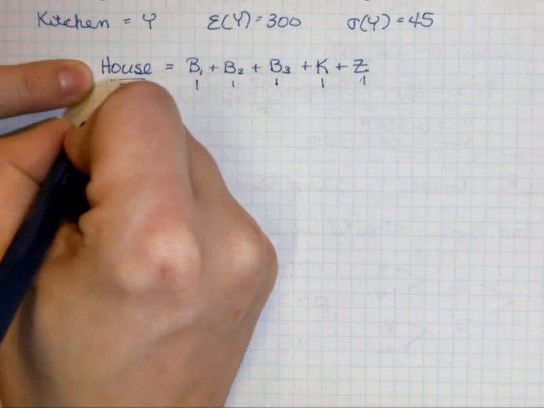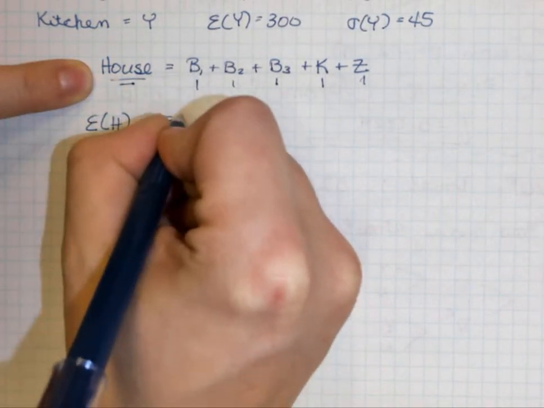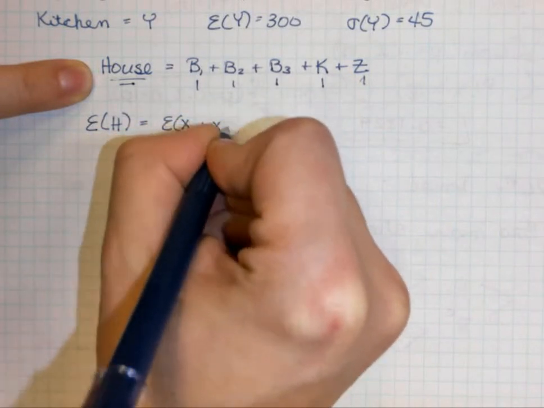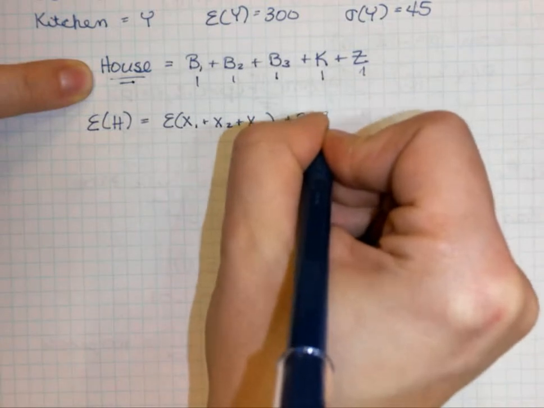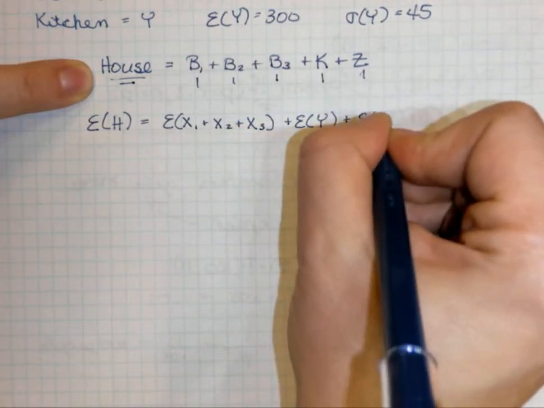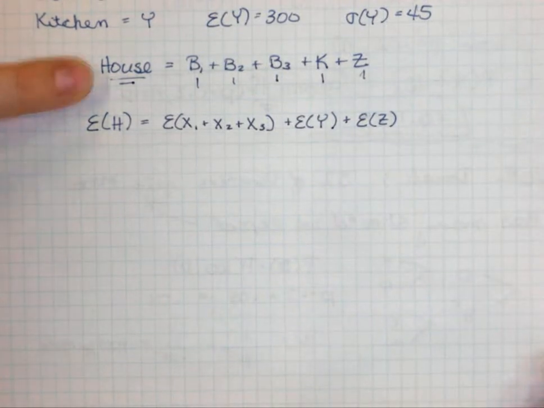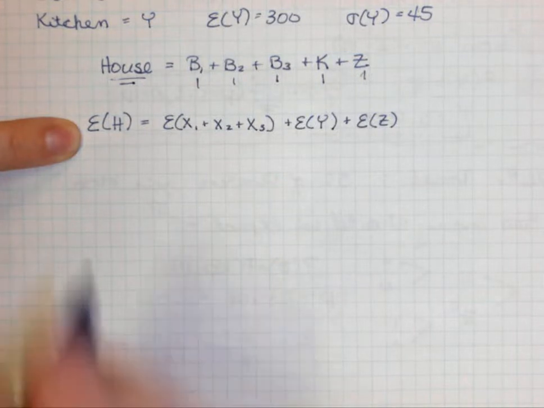Okay? So when I'm talking about the expected value of the house, it's the expected value of the 3 bedrooms, the expected value of the kitchen, expected value of the rest. So they tell me that the total has an average of 2,000.